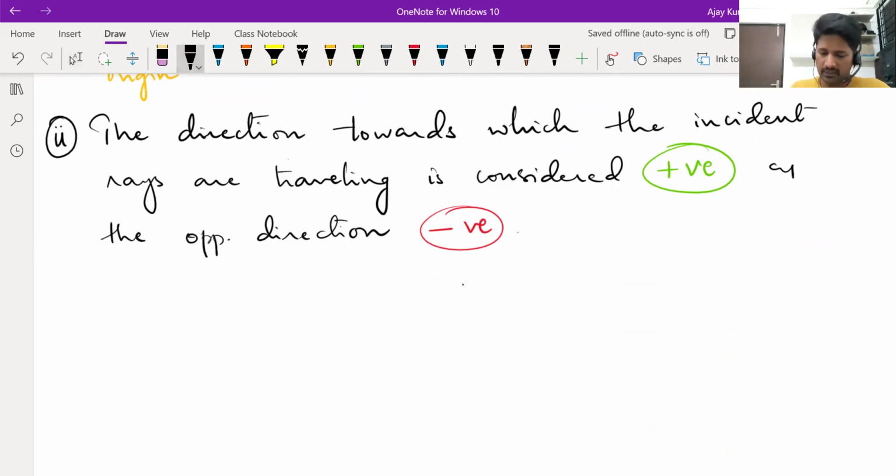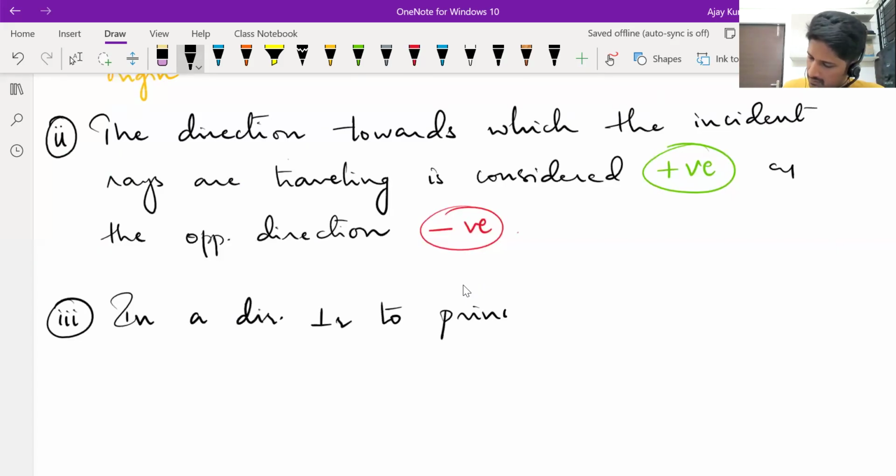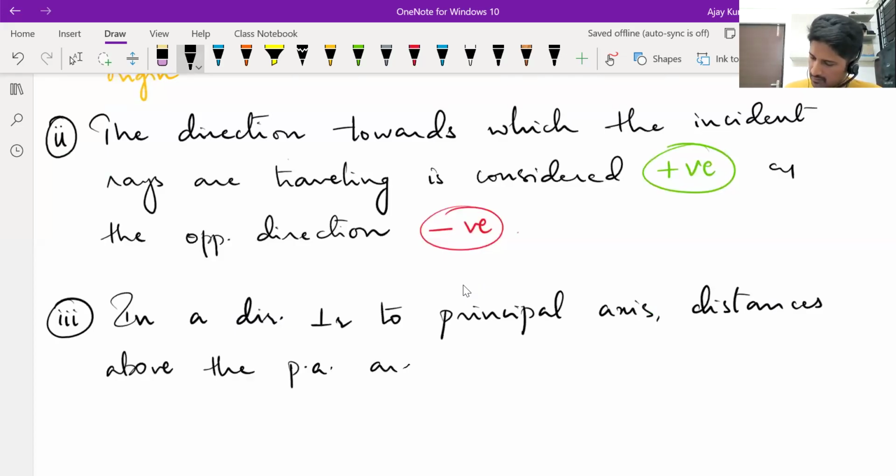Then in the direction perpendicular to the principal axis, anything above the principal axis is taken positive, below is taken negative. So in a direction perpendicular to principal axis, distances above the principal axis are considered positive and below it are considered negative.